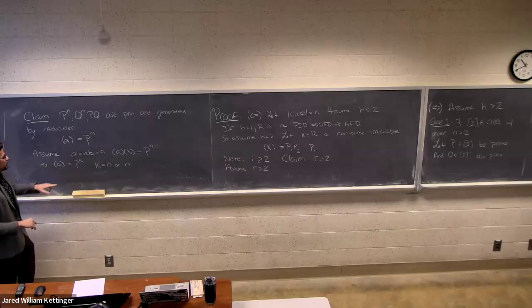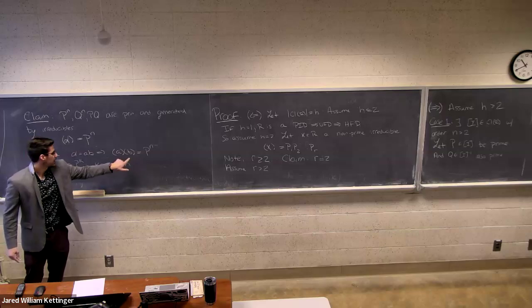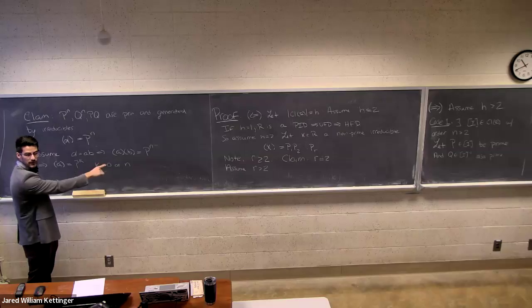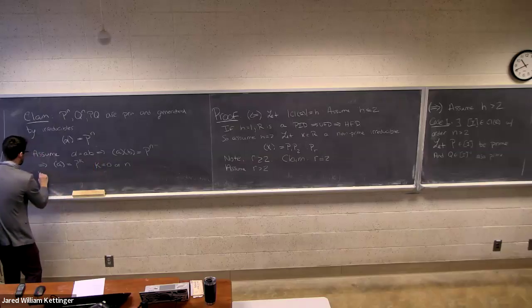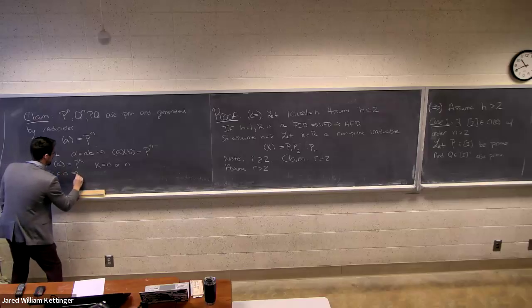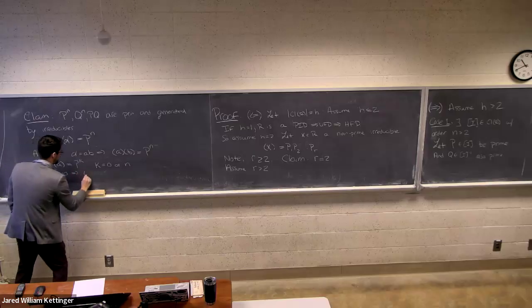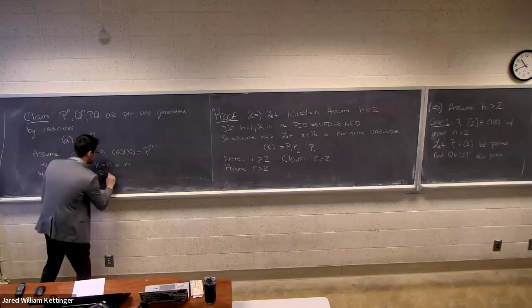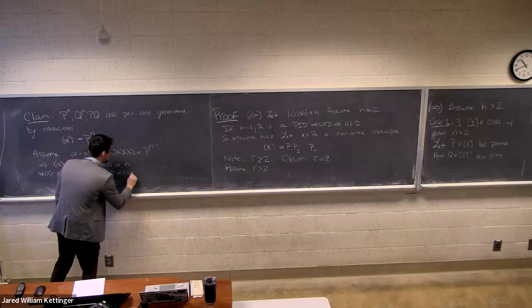Because this is all symmetric, either this is 0 for A and n for B, or vice versa. I can say without loss of generality that k is 0, which implies that the ideal generated by alpha is R, which implies that alpha is a unit.